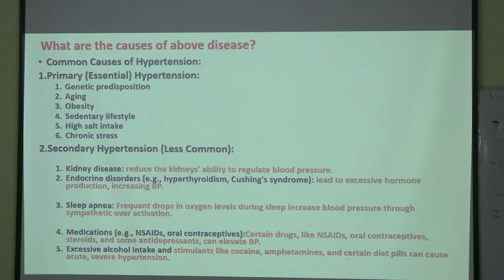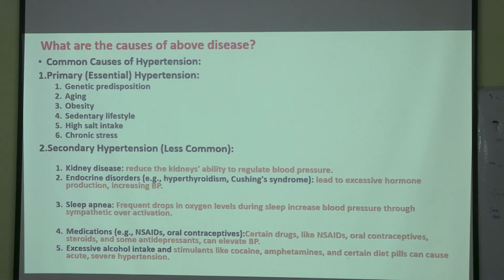Similarly, in endocrine disorders, there is either hypersecretion of some endocrine hormones or hyposecretion of some endocrine hormones. It means the disorders of endocrine glands lead to effects on blood pressure values. So it leads to excessive hormone production. Yes, we have already discussed many times in our lectures, there are some conditions where there is excessive secretion of endocrine hormones.